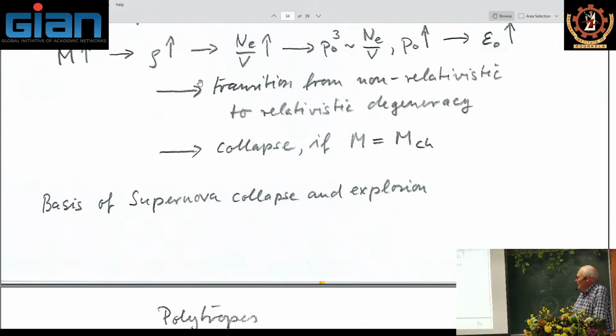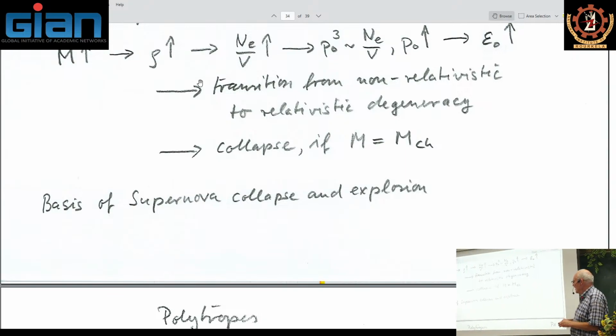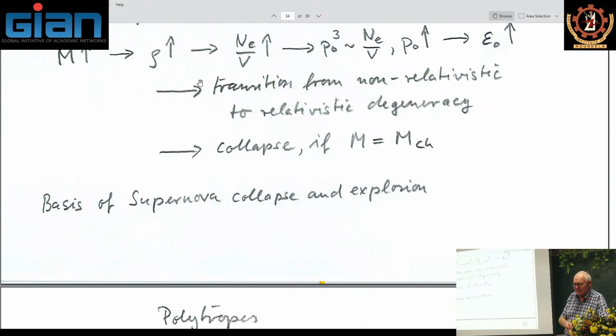Okay. So finally, this should close our digression into stellar evolution. Essentially, I have left one chapter on semi-analytical stellar models. That is done because we will resort to these models also in considering stellar pulsations.